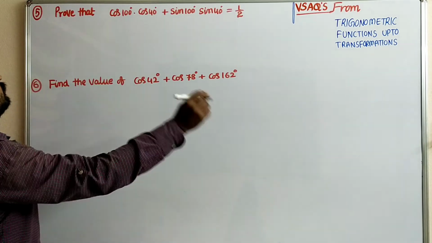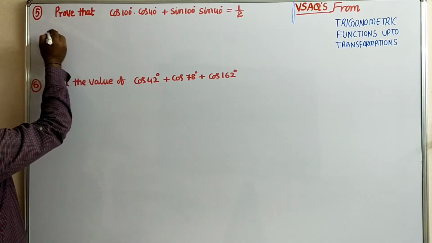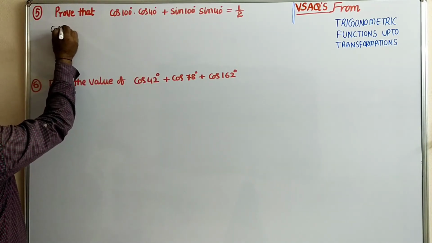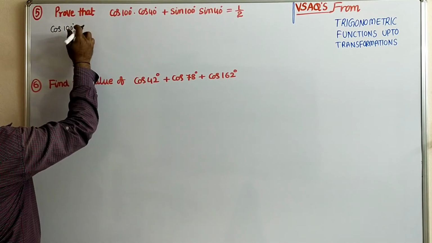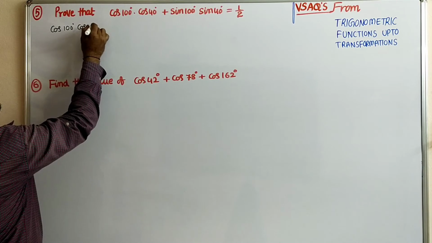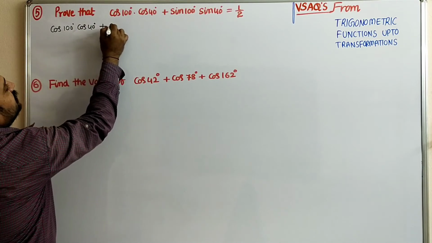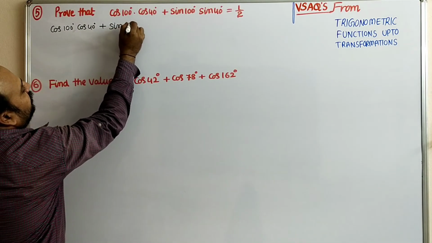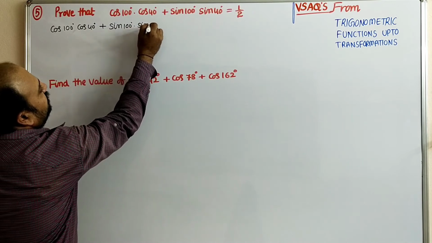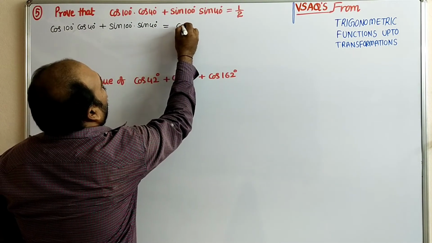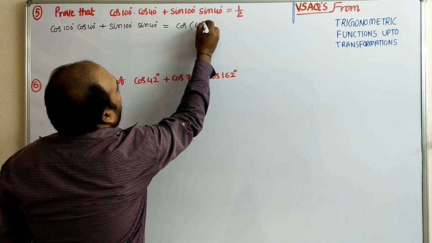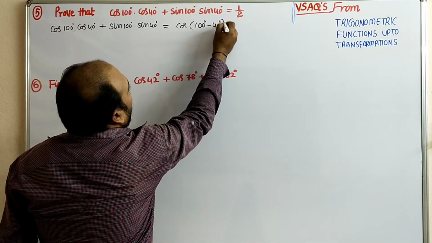So now, consider cos 100 into cos 40 plus sin 100 into sin 40, which is equal to cos of 100 minus 40.